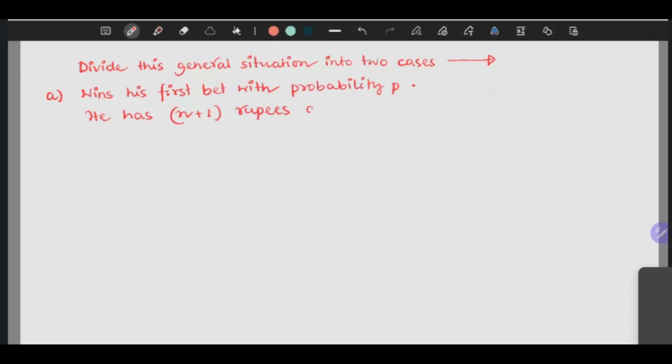And then he will have probability Rn plus 1 to reach W amount of money. Okay, that is one thing.